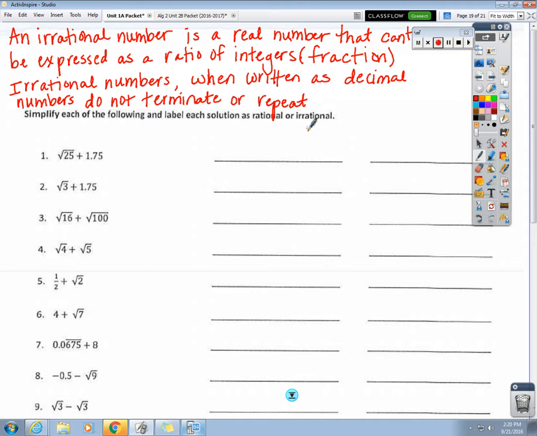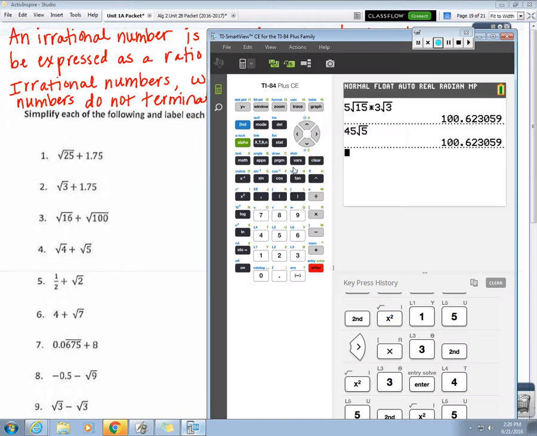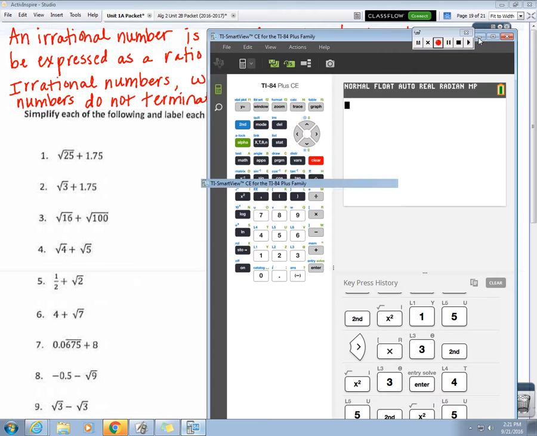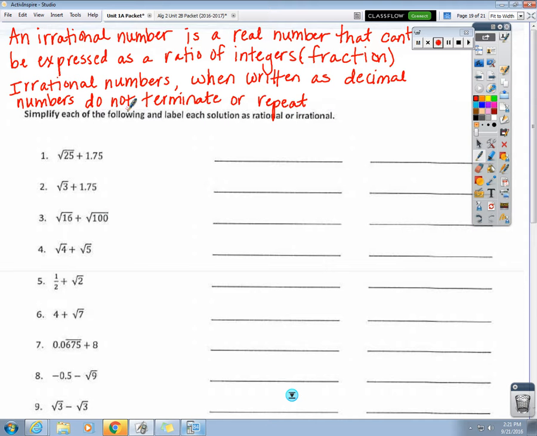Okay, so when you have an irrational number and it's written in decimal form, it will not terminate or repeat. Okay, so simplify each of the following and label each solution as rational or irrational. So the first thing you're going to do is type this in. So the square root of 25. No, this definition is all about irrational. So if it doesn't meet these requirements, that means it's rational.